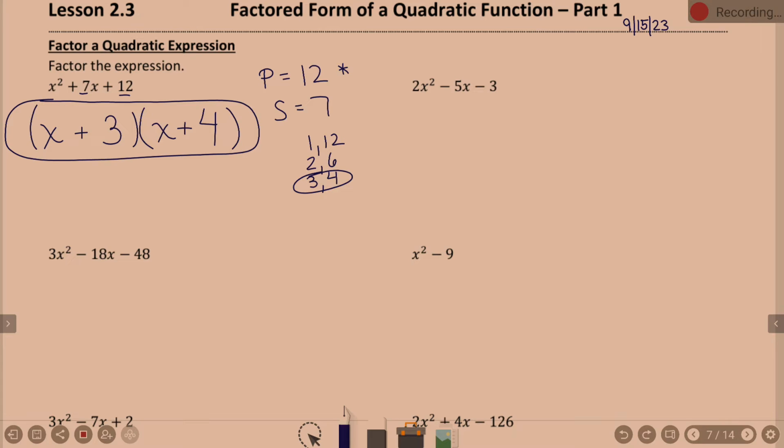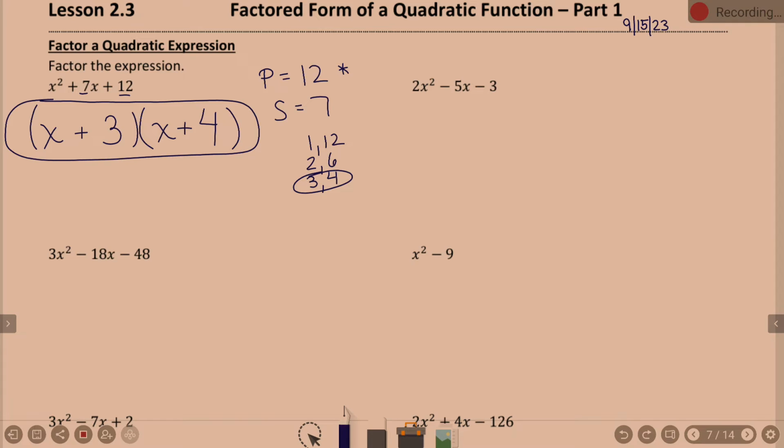Okay. What about this second example here? What's the first question I'd like you asking yourself? Can it be GCF? Is there a value that can divide into all three terms? Nope. 2x squared minus 5x minus 3. No GCF. What's different about this one?